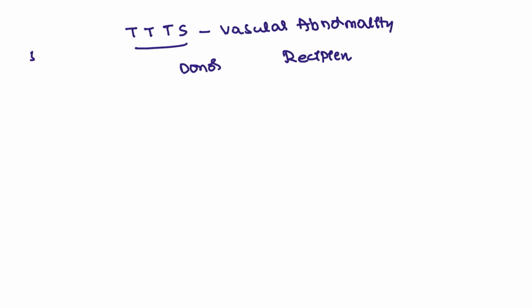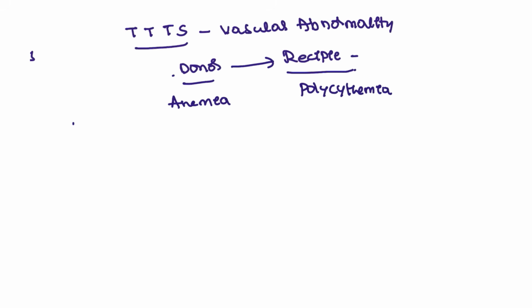So one brother is sending whatever he has to the other brother. The donor is sending everything to the recipient. So obviously he will have anemia, and this baby has polycythemia, right? And anemia means oligohydramnios, and here polyhydramnios. Polyhydramnios is seen in this patient.